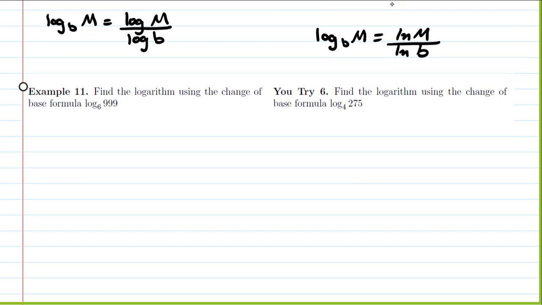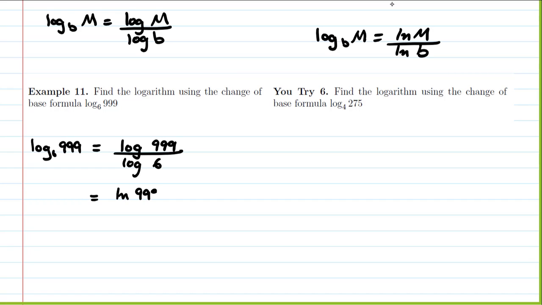So let's go ahead and change our logarithm base 6 of 999 is equal to either the logarithm of 999 divided by the logarithm of 6, or it is also equal to the natural logarithm of 999 divided by the natural logarithm of 6.